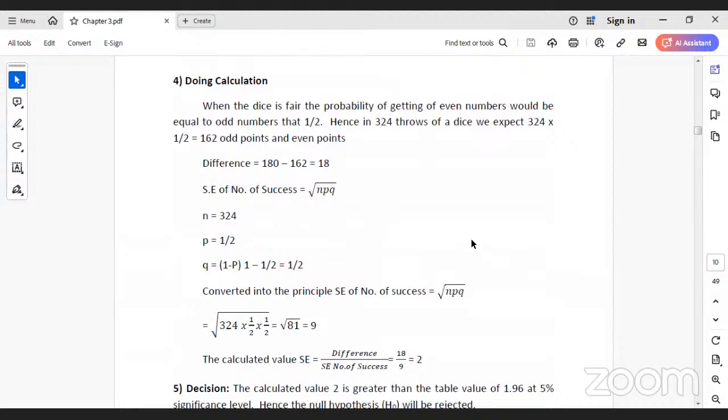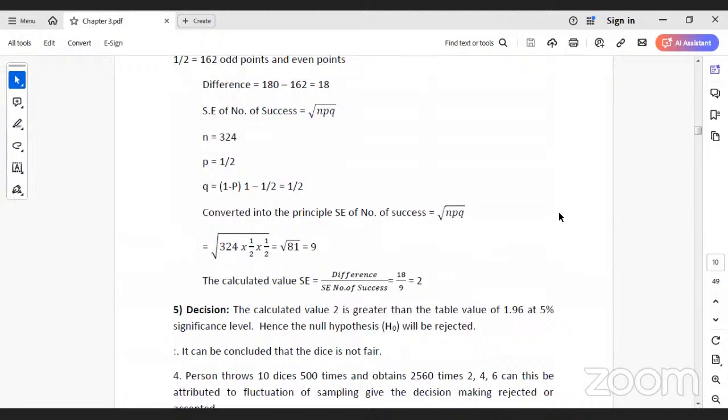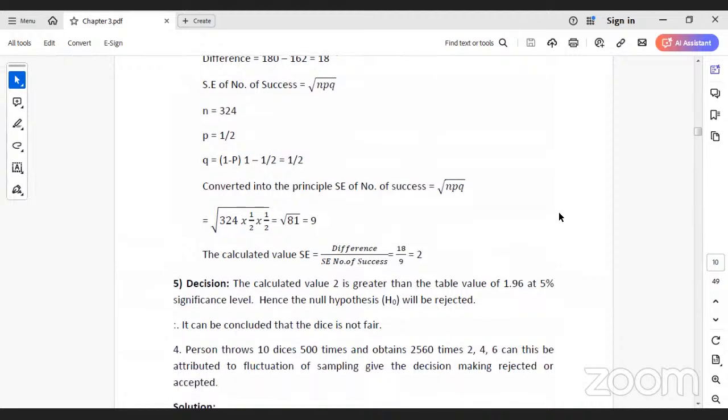Standard error of number of success is equal to under root NPQ. N is equal to 324, P is equal to 1 by 2, Q is equal to 1 minus P, that is 1 minus 1 by 2 is equal to 1 by 2. So standard error of number of success is equal to under root NPQ, 324 into 1 by 2 into 1 by 2 is equal to under root 81 is equal to 9.